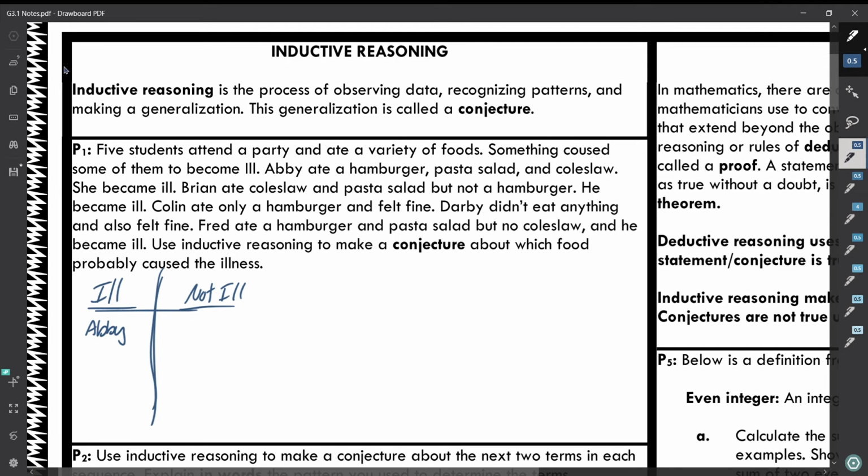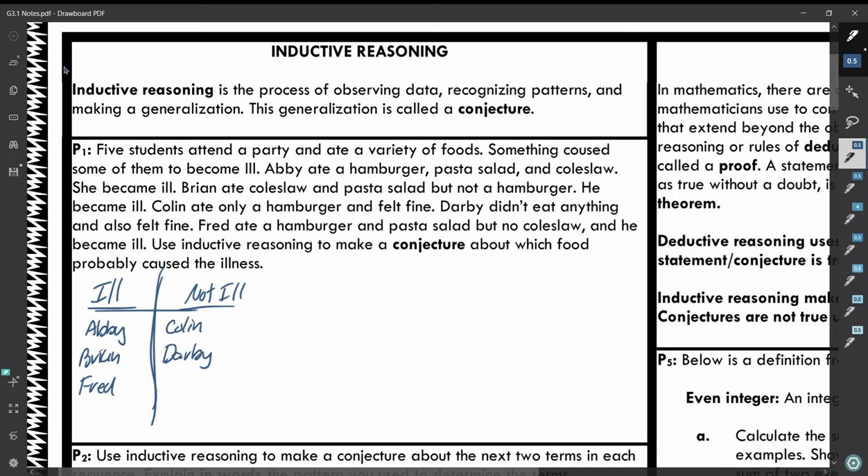Brian, coleslaw and pasta salad, but not a hamburger. He also became ill, so Brian. Colin ate only a hamburger and felt fine, so he's not ill. Darby didn't eat anything, so she, of course, did not become ill. And then Fred ate a hamburger and pasta salad and no coleslaw, and he became ill.